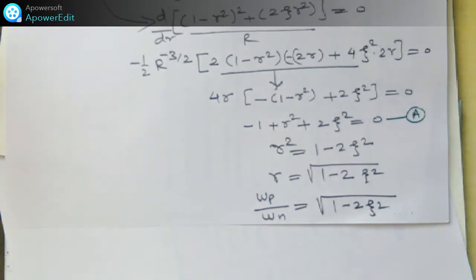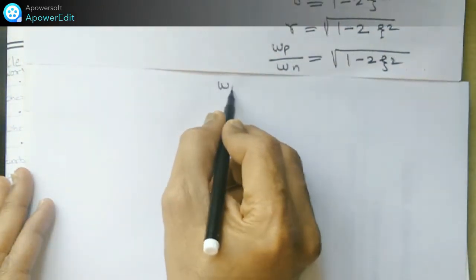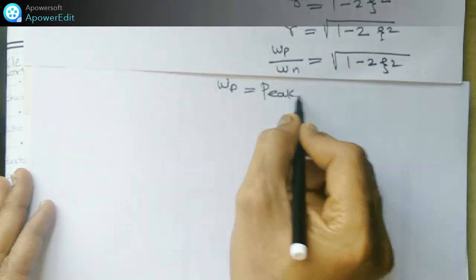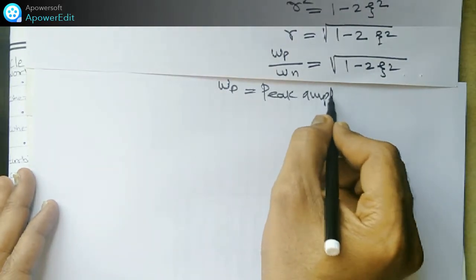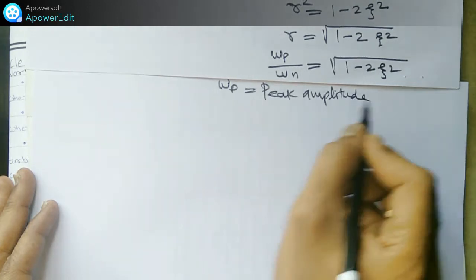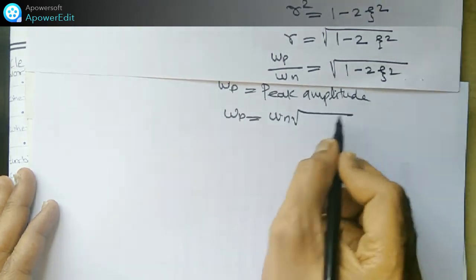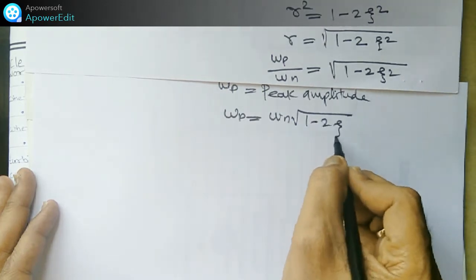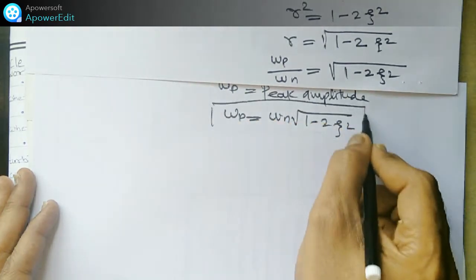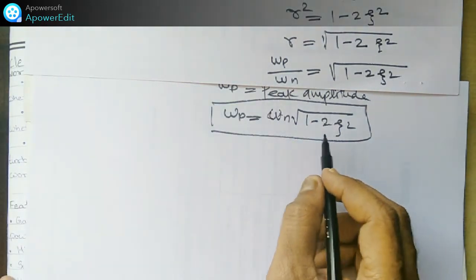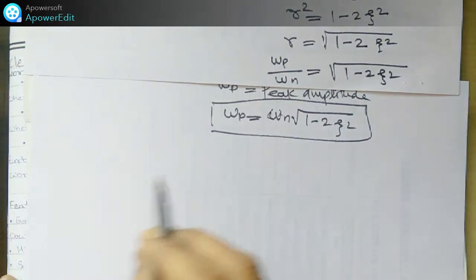Here, this omega p is nothing but the peak amplitude. This peak amplitude we have to find out. This omega p is nothing but omega n into under root of 1 minus twice zeta square. Once we know the value of this omega n and this zeta, we can find out the peak amplitude or maximum amplitude.